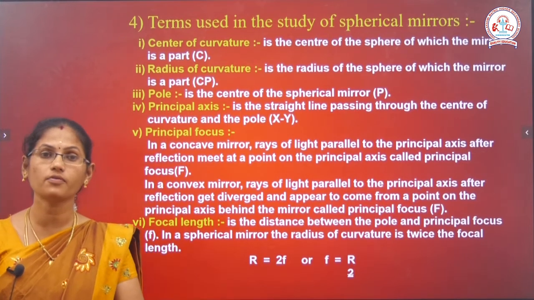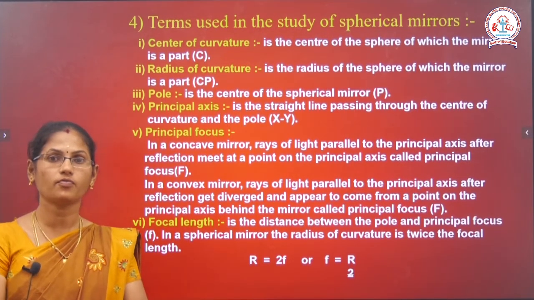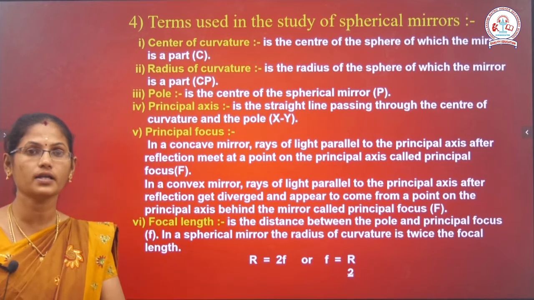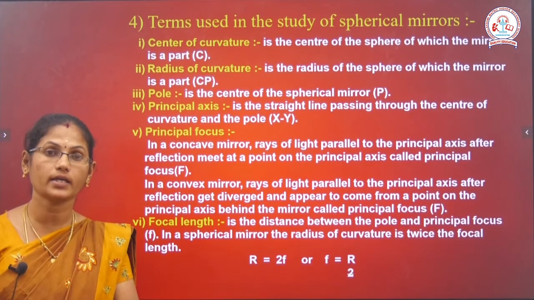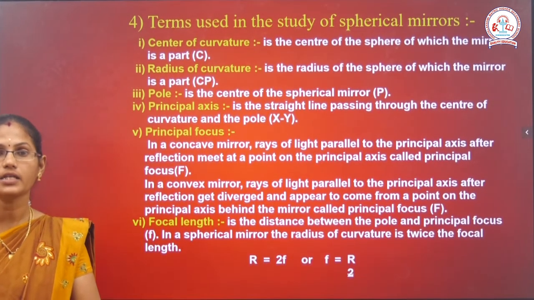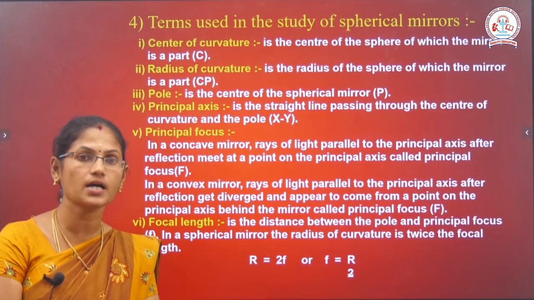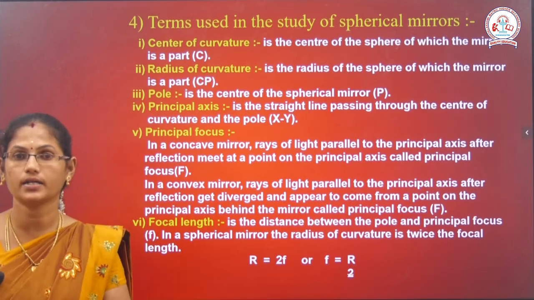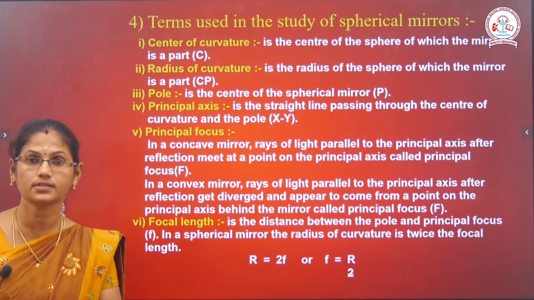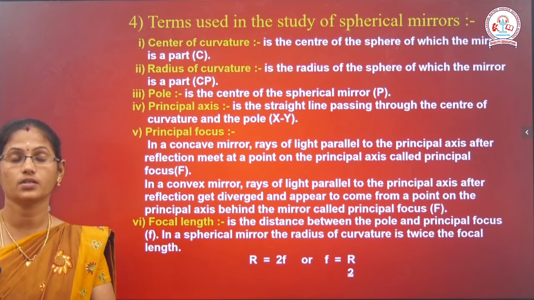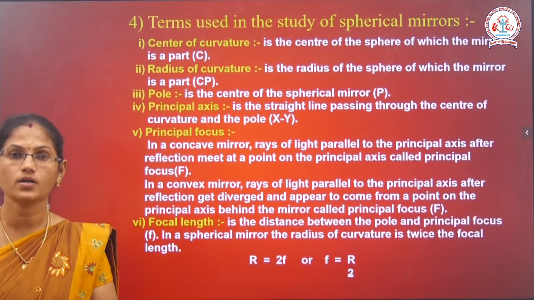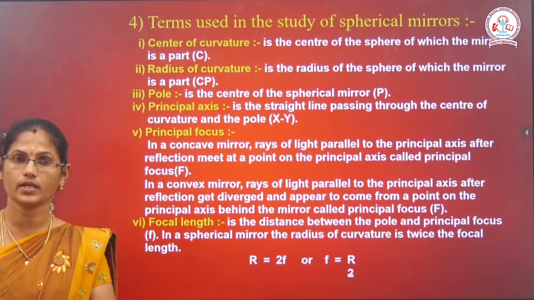And next thing, principal focus. What is the principal focus? For example, take a concave mirror. The ray of light parallel to the principal axis, after reflection, meets at a point on the principal axis. That is called the principal focus F. This is for the concave mirror.